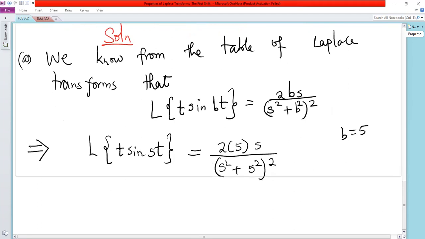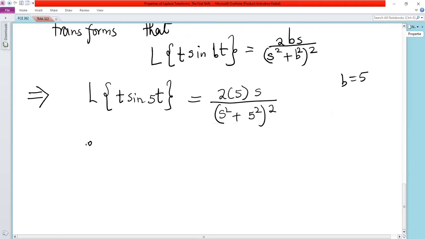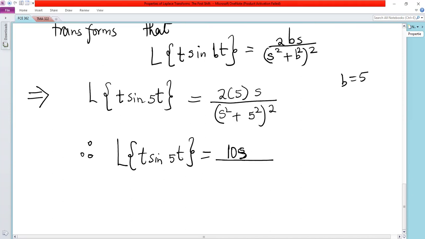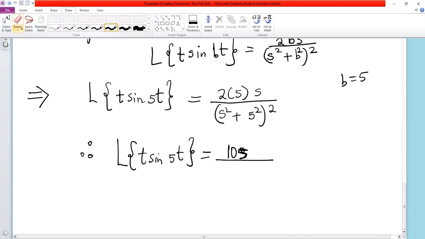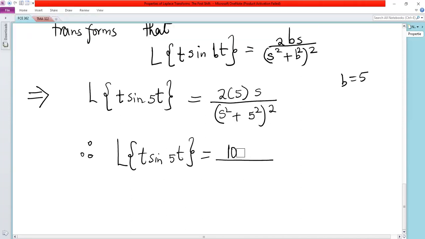So therefore, the Laplace transform of t sine of 5t will be given by 2 times 5 is 10, so 10s over s squared plus 25, and then you square the sum.